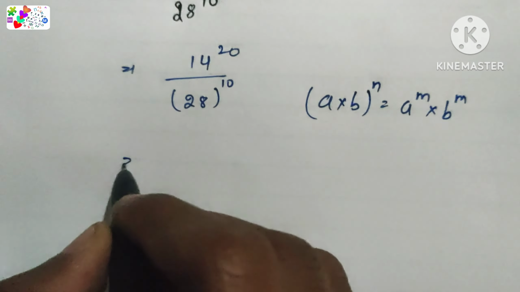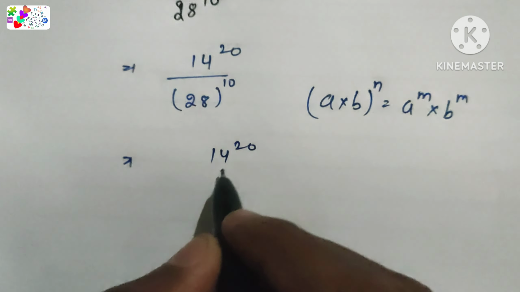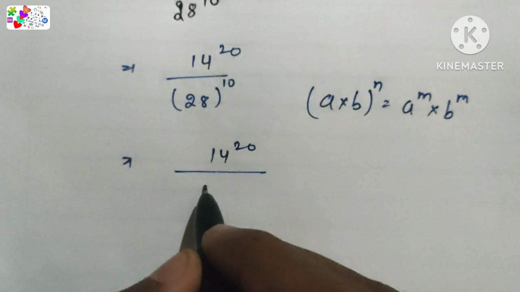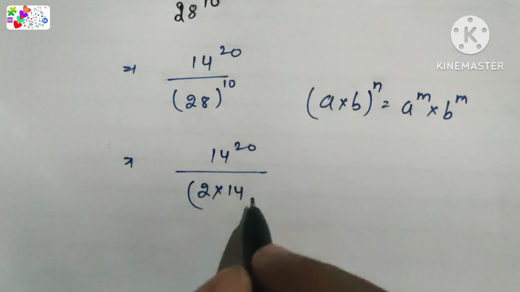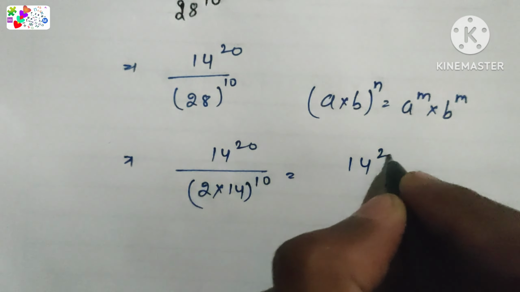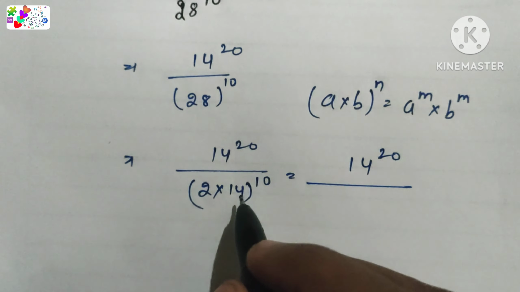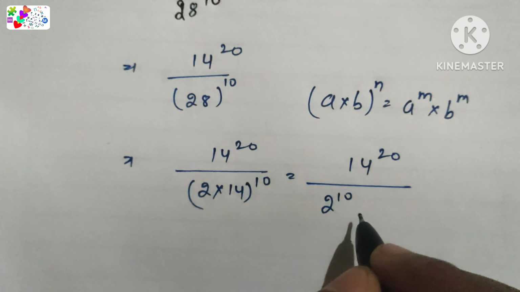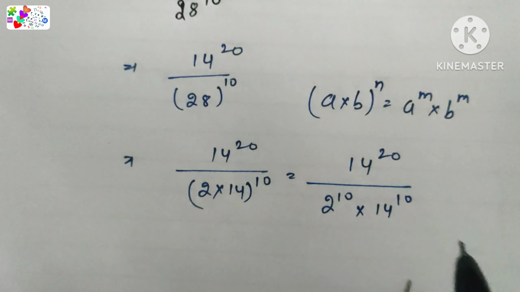So I will write this property here: 14 power 20, and in the denominator, this is nothing but (2 into 14) and the whole power is 10. Now I can use this property to write 2 power 10 into 14 power 10.